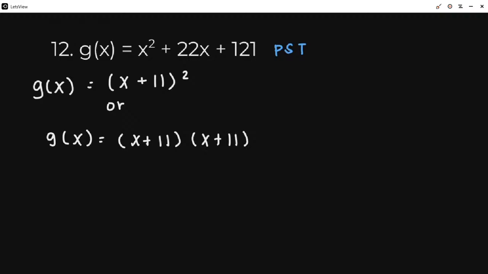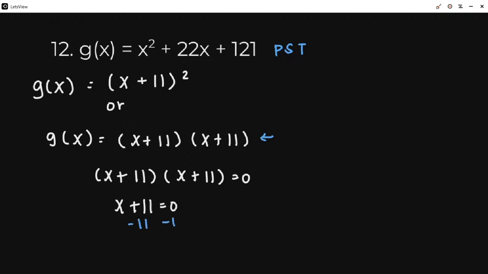But this second one is more like intercept form. Okay, so to find the zeros, we're going to set it equal to 0. So we really just have one equation, x plus 11 equals 0, since they're both the same. So we're going to subtract 11, and we get x equals negative 11. And as a point, that would be negative 11, 0, since this is the x-intercept.